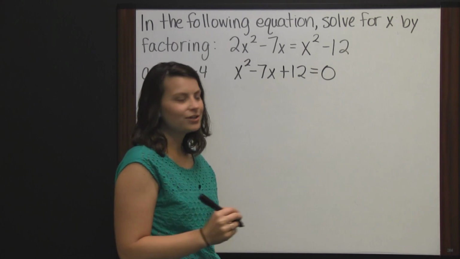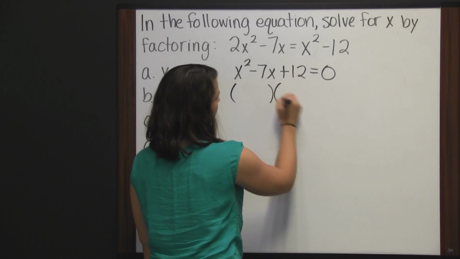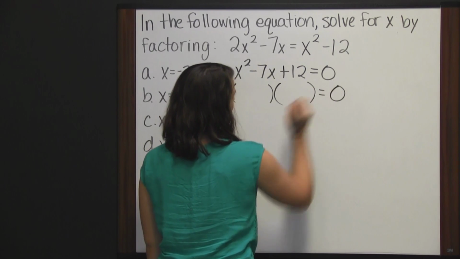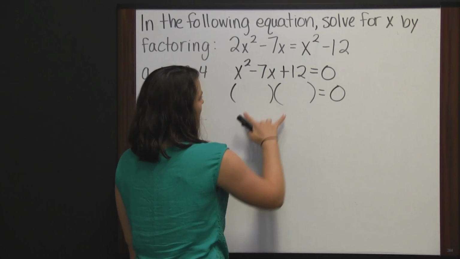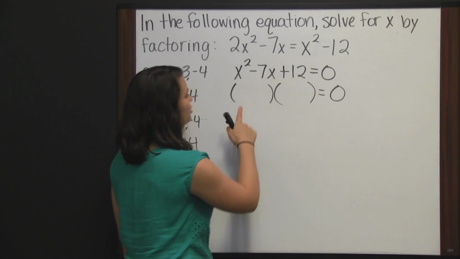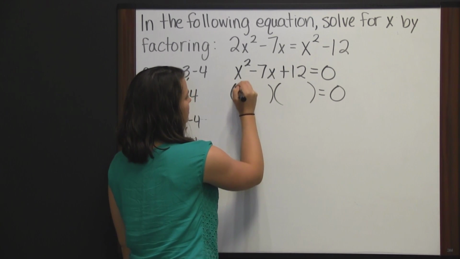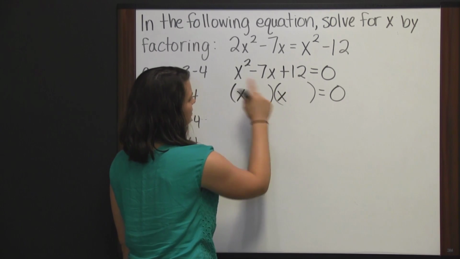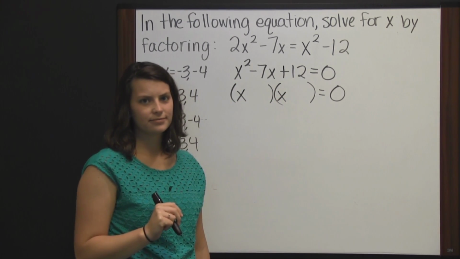Now we're ready to factor. So I have a binomial and a binomial equals 0. I know my first term in each binomial is x, because x times x gives me x squared.